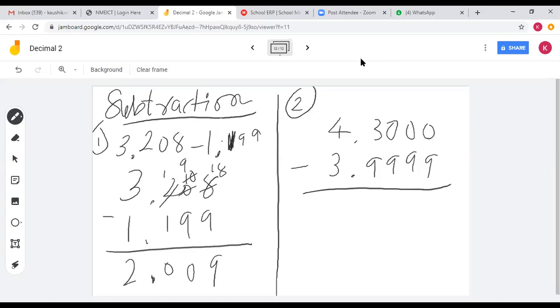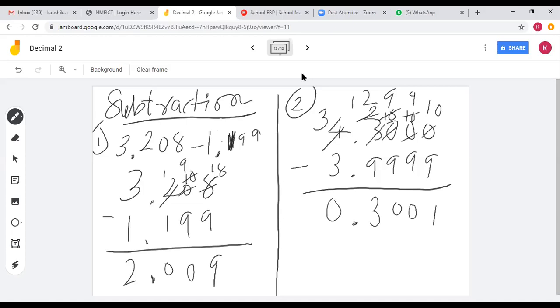Then only they will become like decimals, and then only you can perform. So 0 minus 9 is not possible, so first we have to borrow from here. 2, 10, 9, again 10, 9, and then 10. So 10 minus 9 is 1, 9 minus 9 is 0, 9 minus 9 is 0. 2 minus 9 is not possible. So 4 becomes 3, and this 2 becomes 12. 12 minus 9 is 3. And 3 minus 3 is 0.